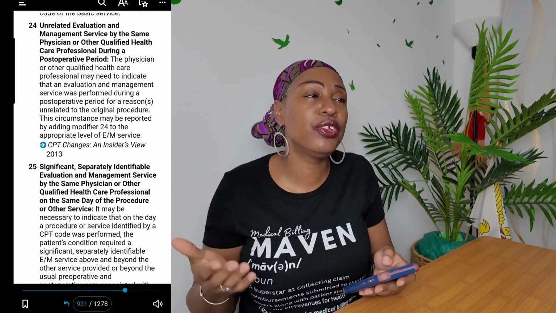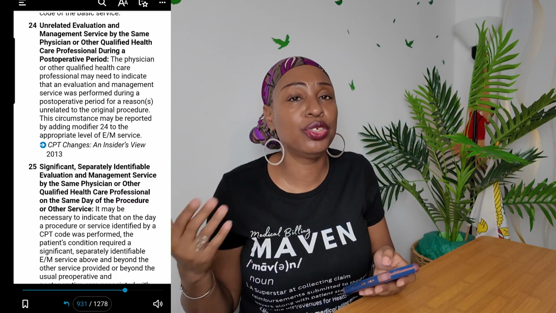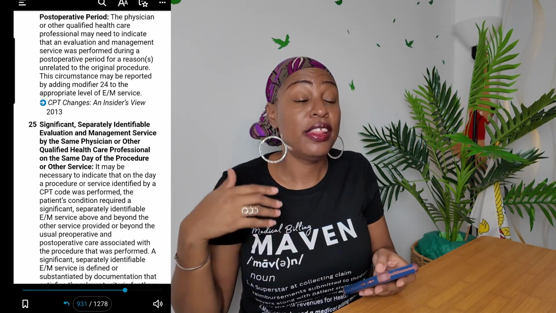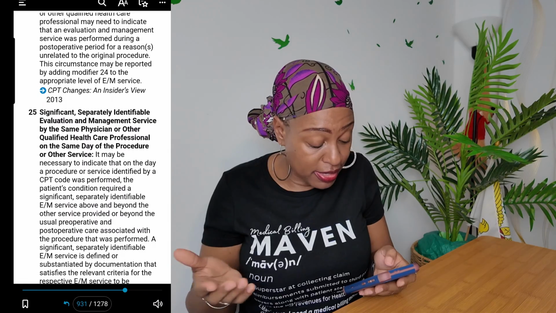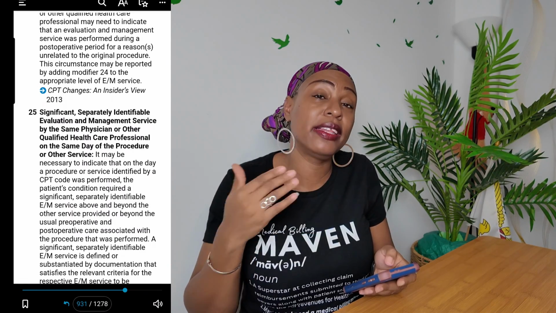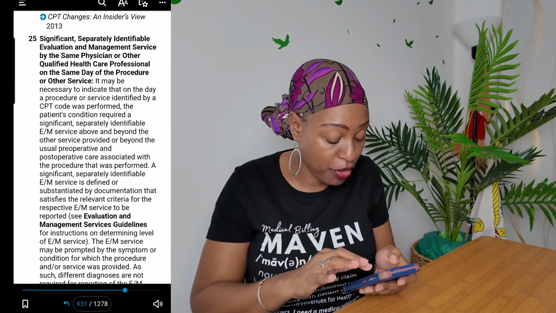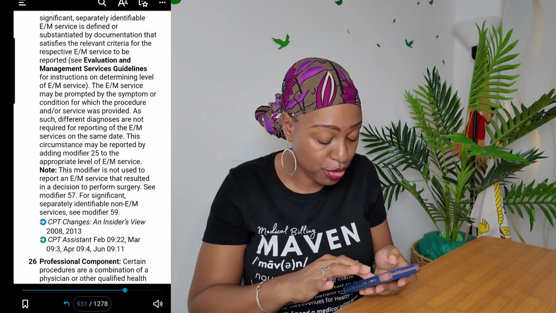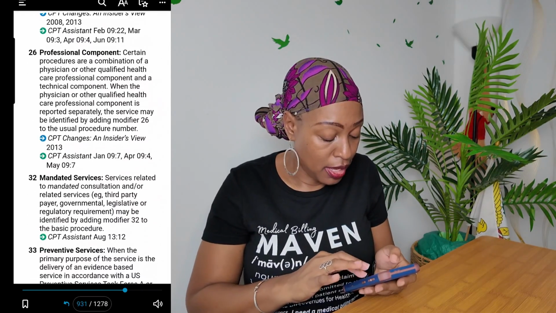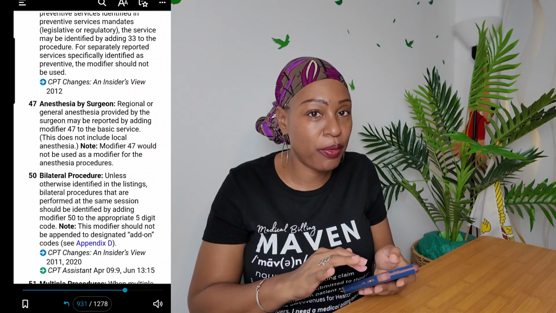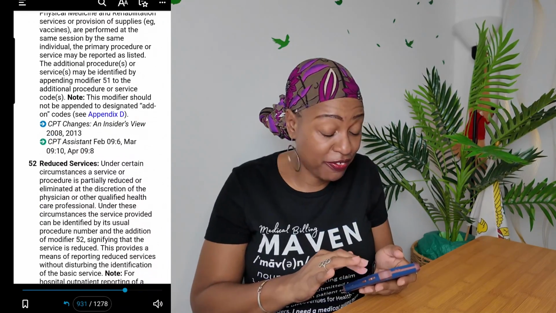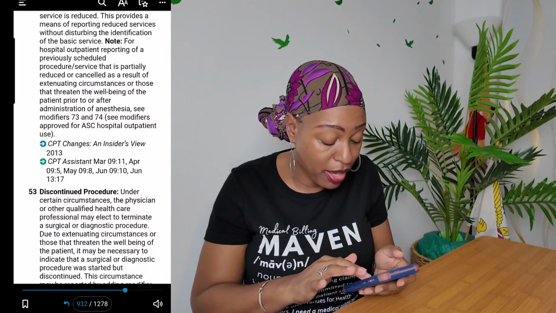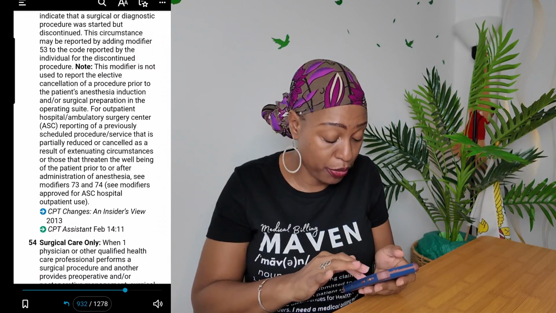So again, if it confuses you, if you don't really know when to use it because you're just reading the definitions, if you go to the back in Appendix A, it goes further into how to use them. This is well more than, I would say, 50, maybe 50 to 70 modifiers, probably even more.